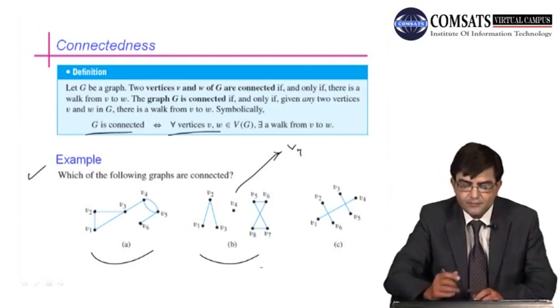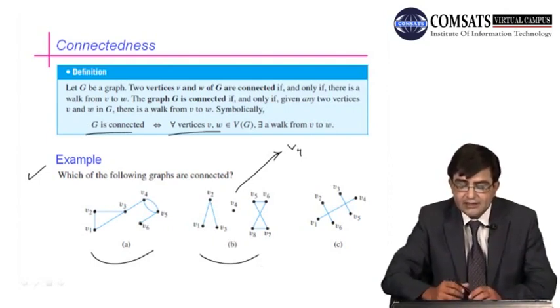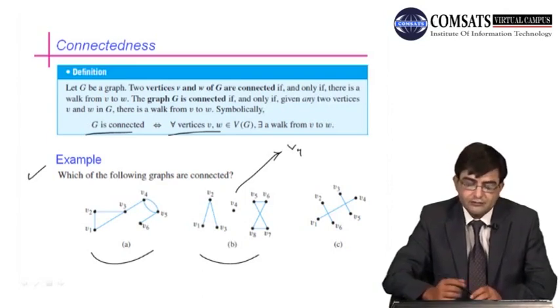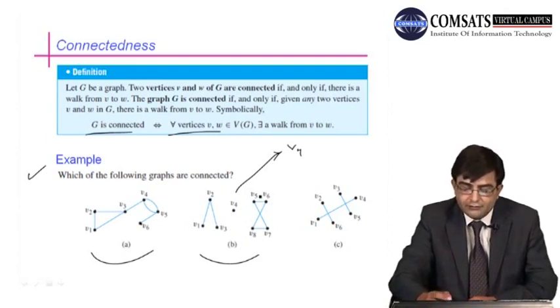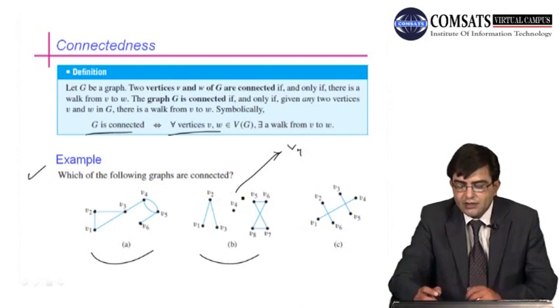But in this graph we cannot say that for all vertices V and W there is a walk from V to W, because if we choose V5 and V2, there is no walk from V2 to V5. But if we choose V5 and V7, then there is a walk from V5 to V7.